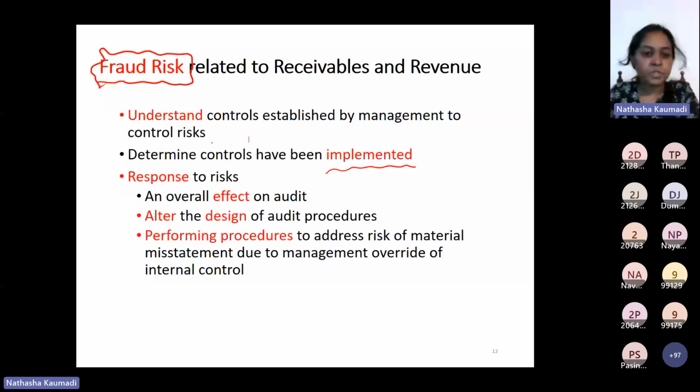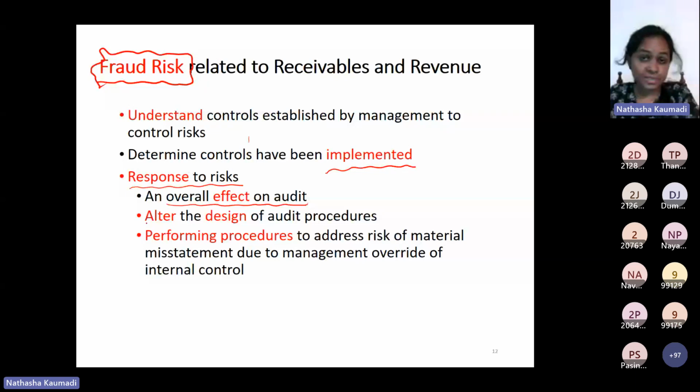And response to risk. Now, when it comes to fraud risk, that fraud risk can have an overall effect on the audit, not only on revenue. In that case, you will have to alter the design of audit procedures.